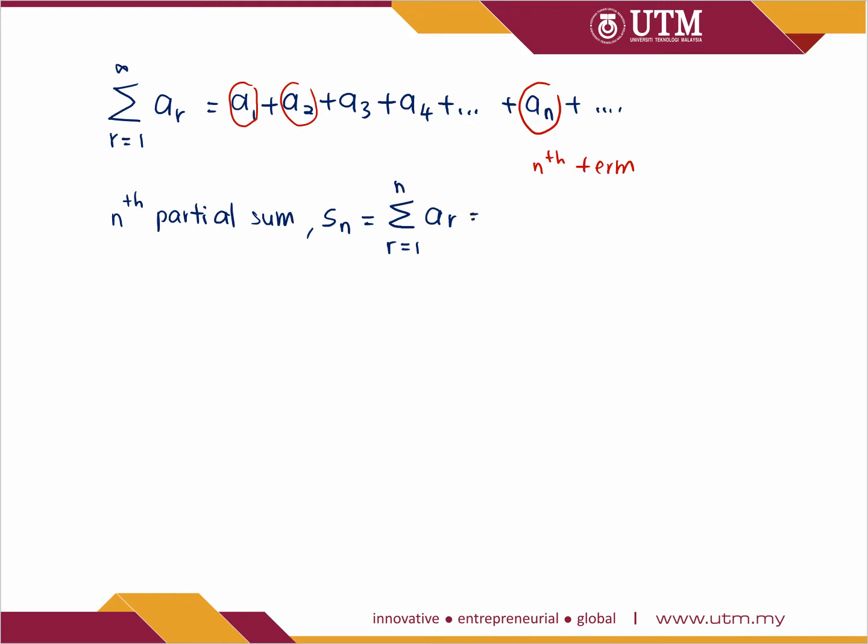Meaning that we will add all the terms up until an. So that's why r would be from 1 up to n. If we expand this summation, we will get a1 plus a2 plus a3 up until an. So this is called the nth partial sum.